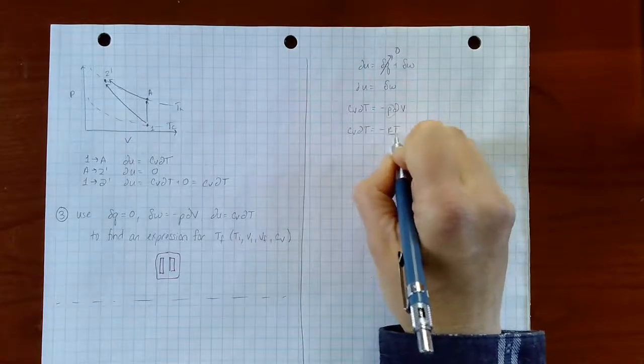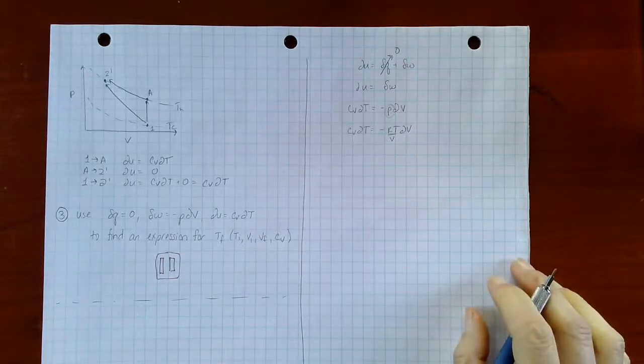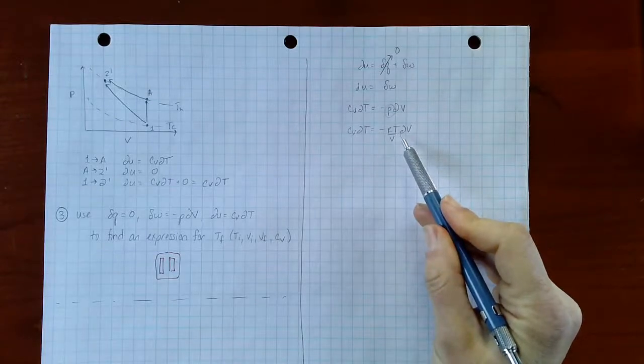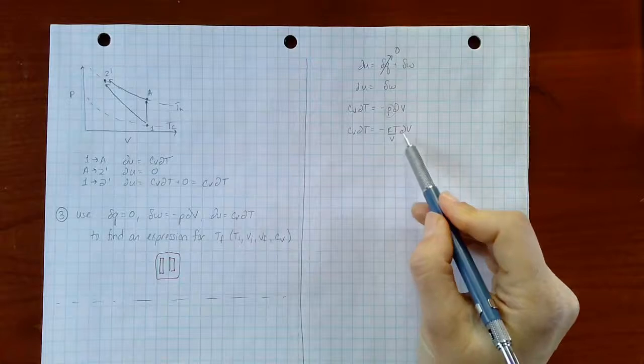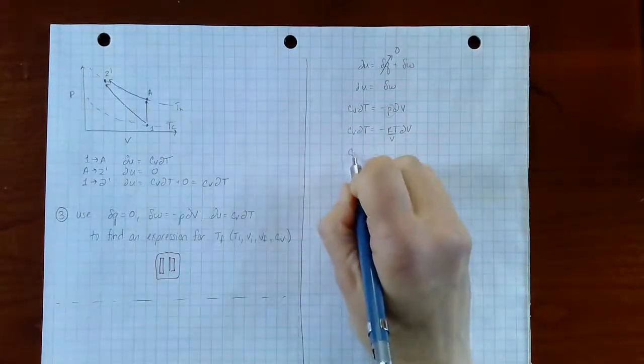And then what I'm going to do is solve the equation. I'm going to put temperature on the side with the temperature differential, and I'm going to keep volume on the side with the volume differential. So I end up with CV dT over T equals negative R over V dV.